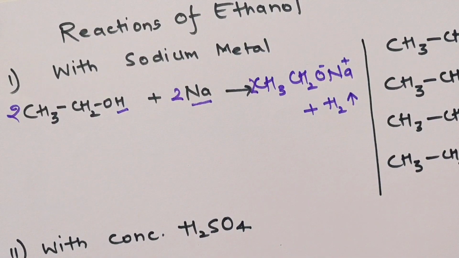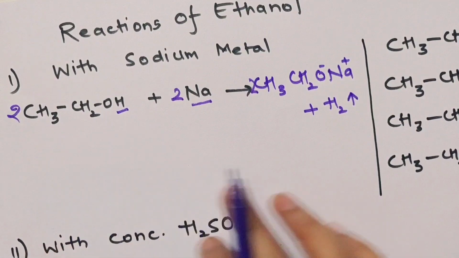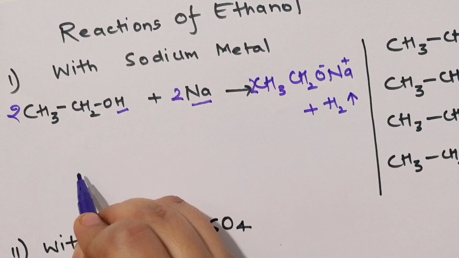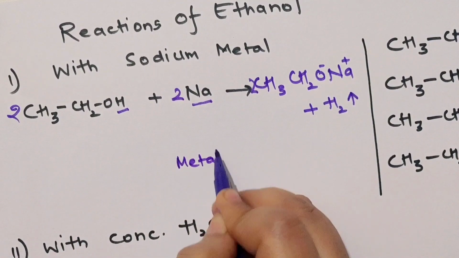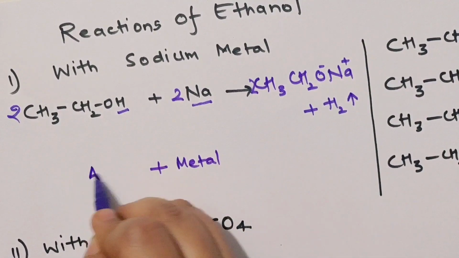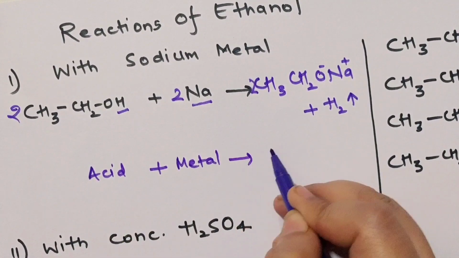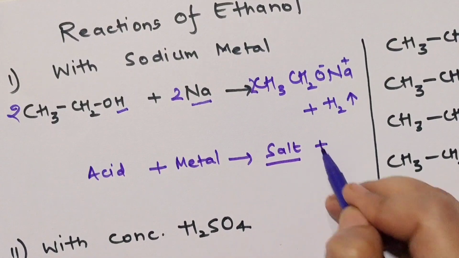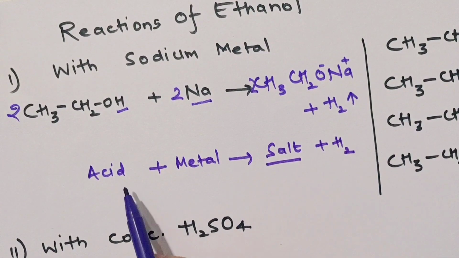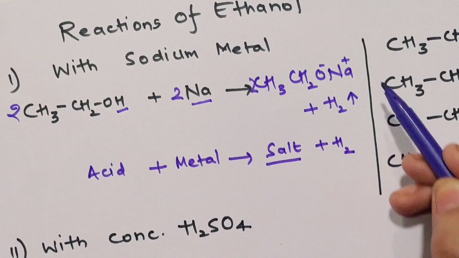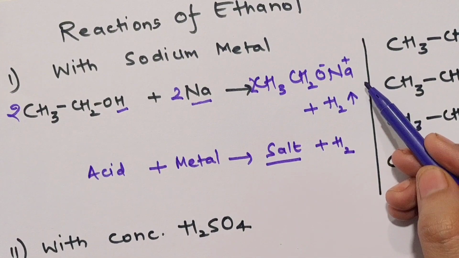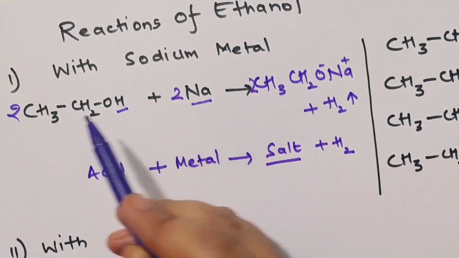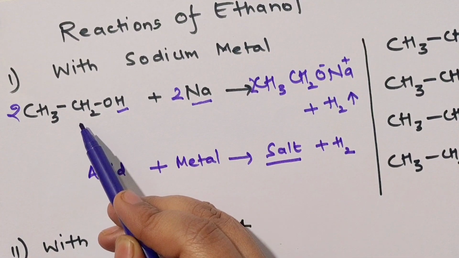Now, if you remember, when a metal combines with an acid, it gives a salt, which means an ionic compound, and hydrogen. If you compare this general reaction and this reaction, you would see that this is the salt, this is hydrogen gas, this is the metal, so this has to be an acid, right?